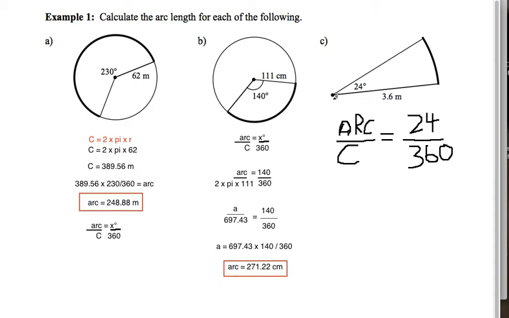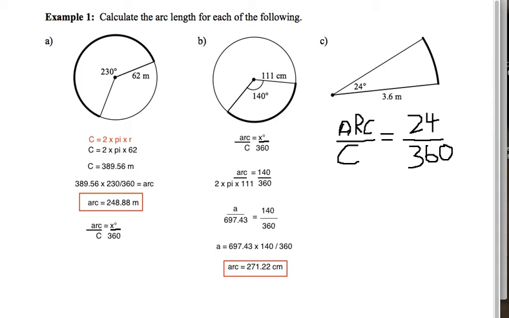And in this case, since I know that I've got a radius here, this is a radius of the circle, then I can use that to get the circumference. I do 2 times pi times the radius. Remember, that's the formula for circumference. 2 times pi times the radius. So I can rewrite this.